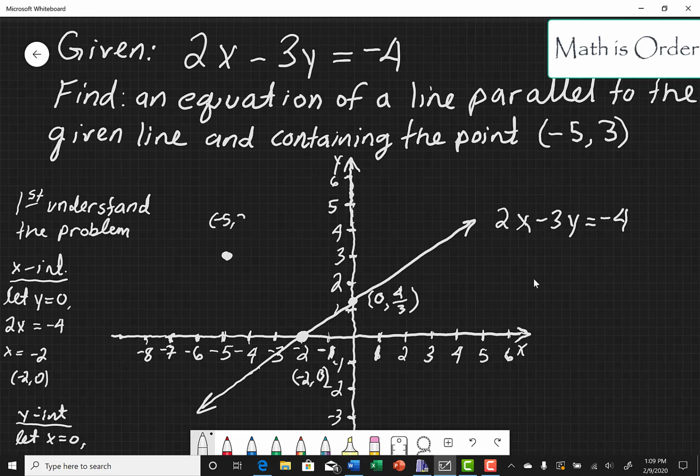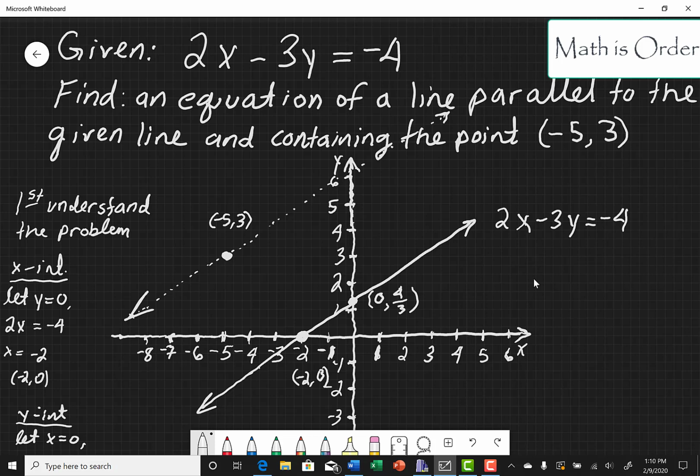And so we want an equation now of a line parallel to this given line and containing this point. So let's imagine what line is parallel to this line. Parallel meaning never intersecting. The lines should never intersect each other. So I'm doing my best now to make a line parallel to the given line. Something like this here. Hope you can see this.